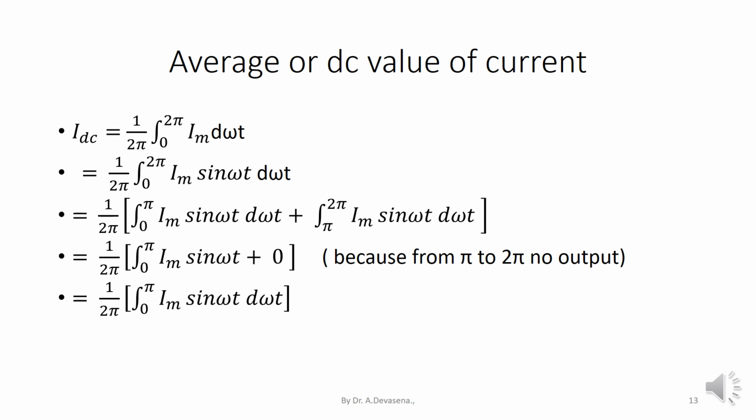That is 1 by 2 pi integral from 0 to pi of I_m sin omega t d omega t. After applying the integral, we know that the integral of sin omega t is minus cos omega t. We get I_m by 2 pi times minus cos omega t. The lower limit is 0 and the upper limit is pi.